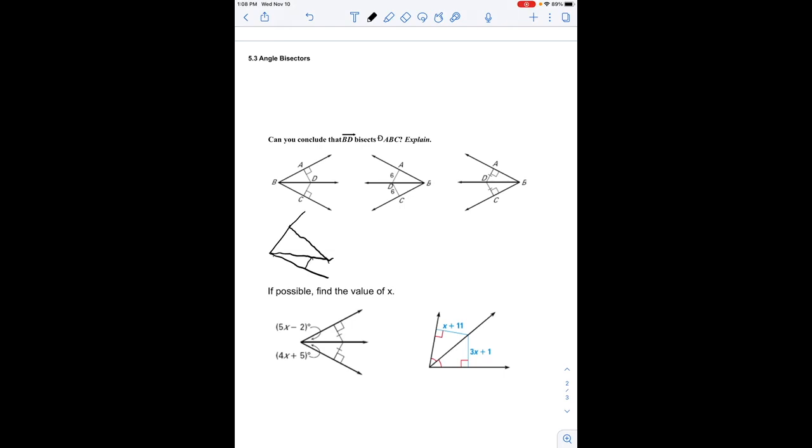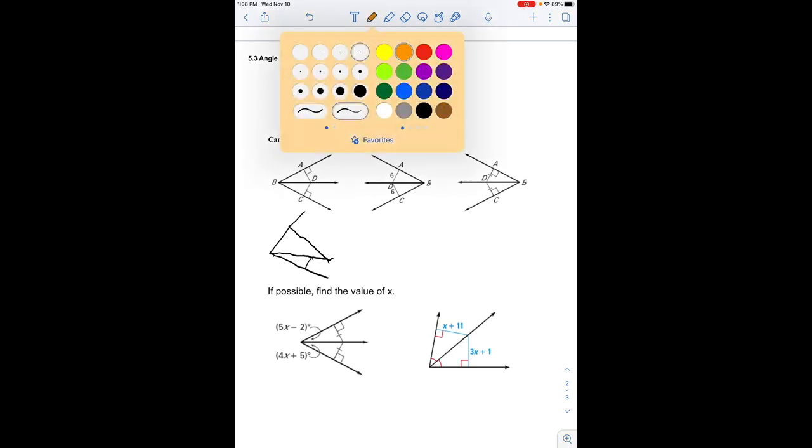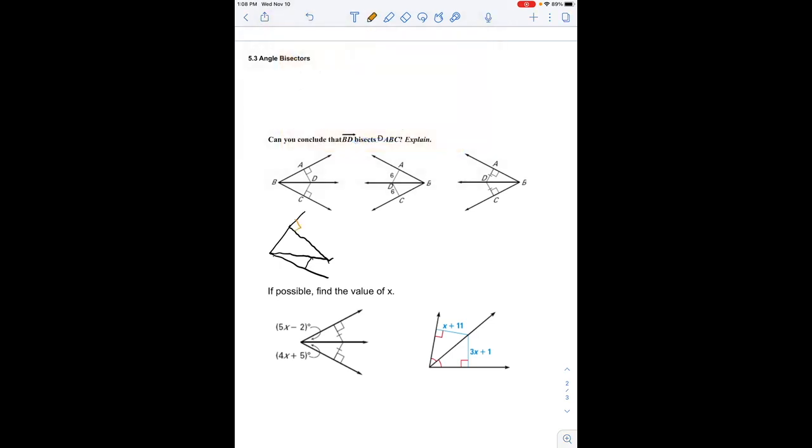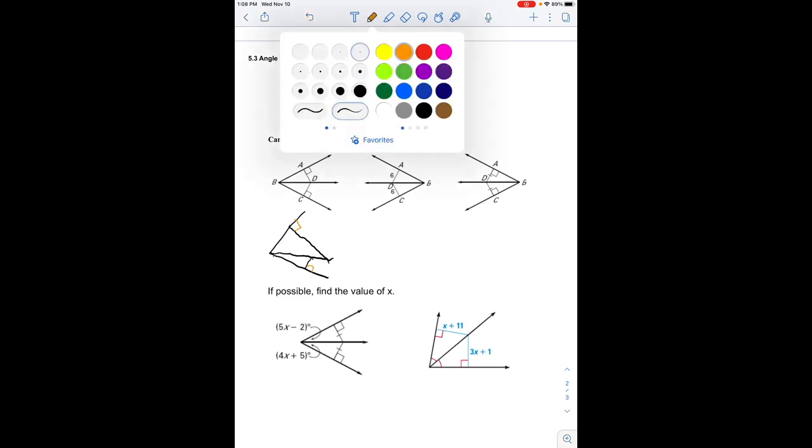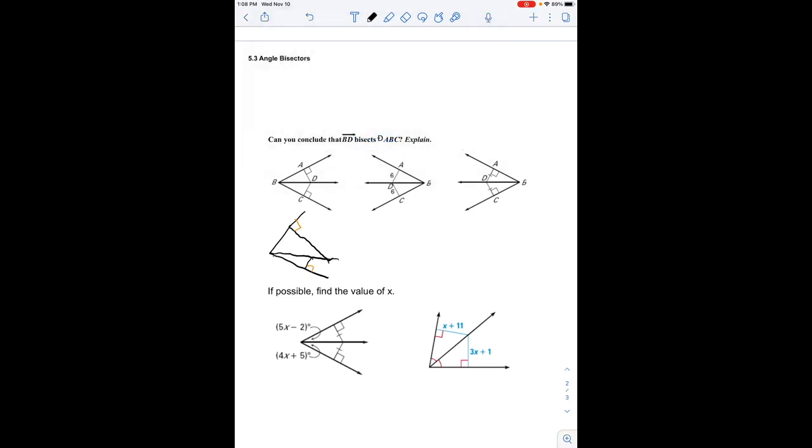It could intersect at a right angle, but because there are no congruence markers, no angle measures, I really can't say much about this one. So this would be a counterexample: I've got right angles, but I don't know if they meet at the same place or not. So this one would be a no.